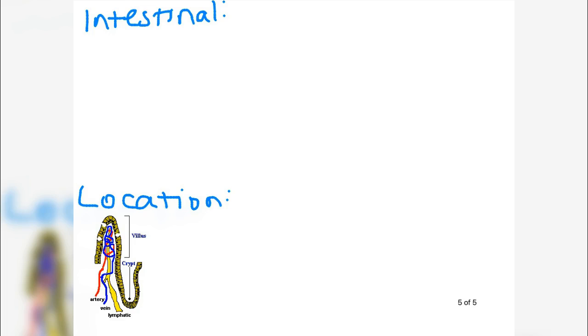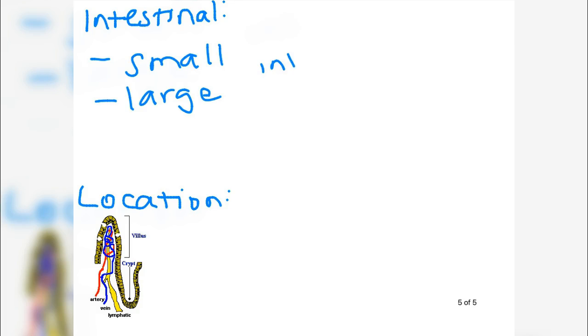Lastly for this video, we have intestinal stem cells. Intestinal stem cells produce the linings of the small and large intestines.